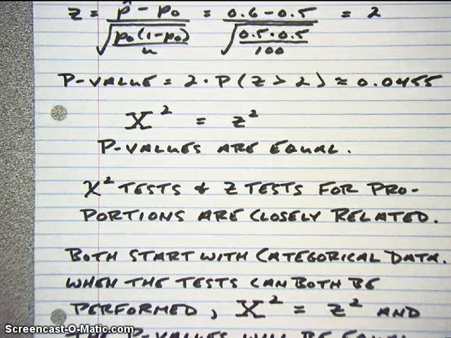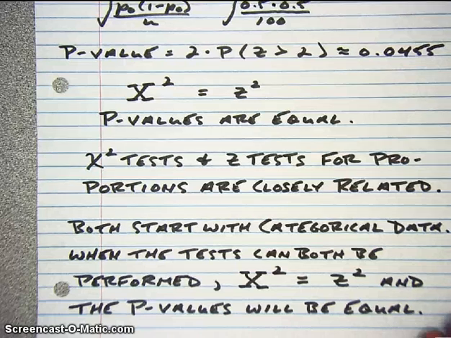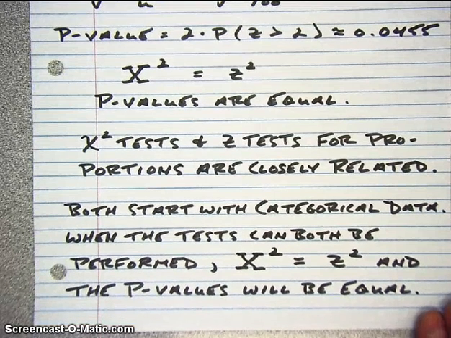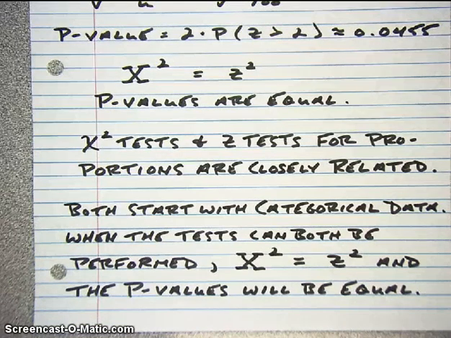When the tests can both be performed, they can't always be both performed in a given situation, but when they can be, the chi-square statistic you will get would be equal to the square of the z statistic you would get, and the p-values will be equal. And as we go through studying the different kinds of chi-square tests, whenever we have a chance to do both tests together, we'll try those and see that this is generally borne out.